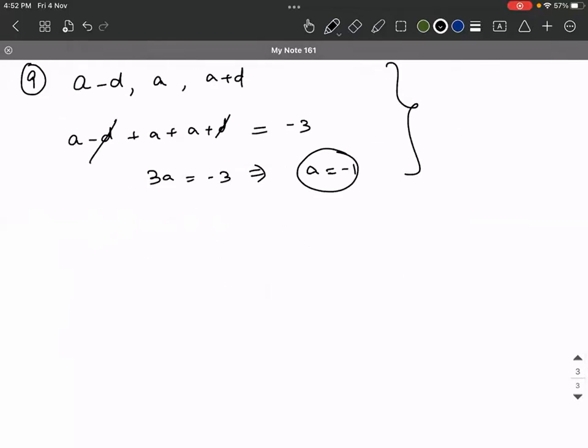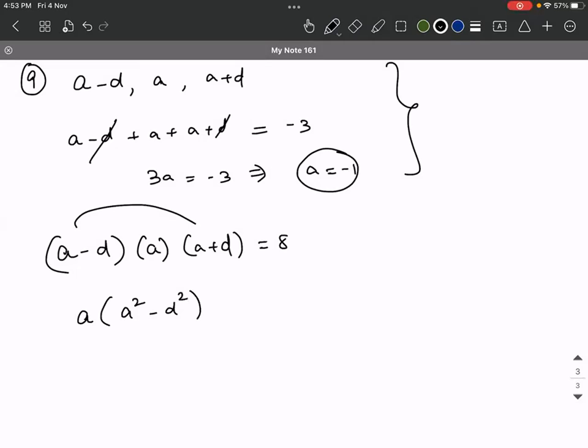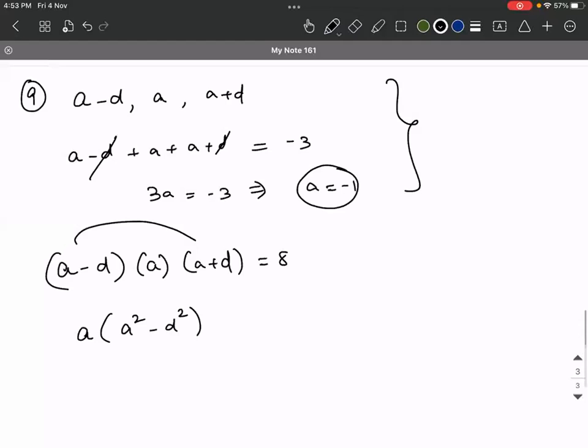Now see, the product of 3 terms means A minus D into A into A plus D is equal to 8. So A into A square minus D square is equal to 8.